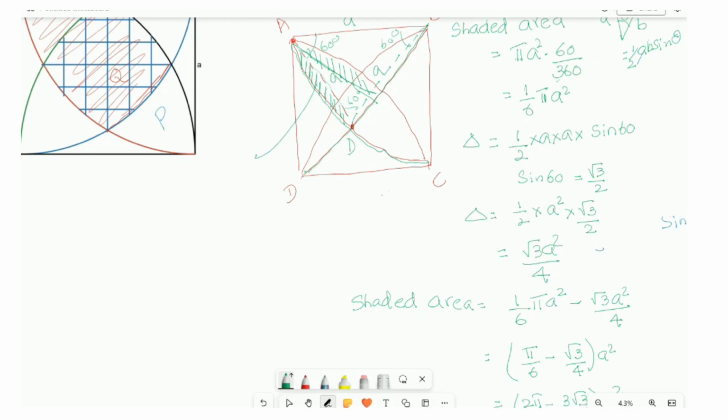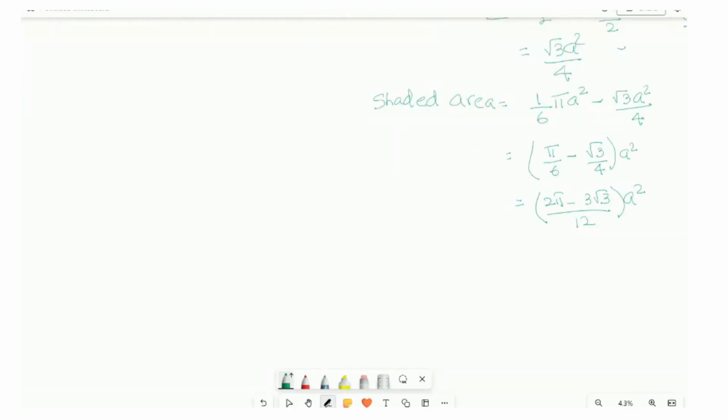Therefore, if I say this area is A1 and this area is A2, then A1 plus A2 is double that one: 2 times (2π − 3√3)/12 a². So this is equal to (2π − 3√3)/6 a².